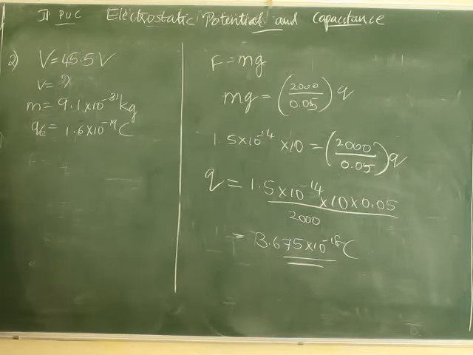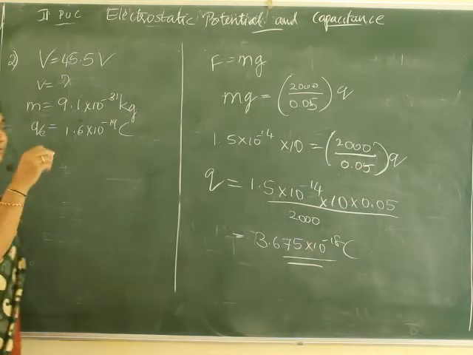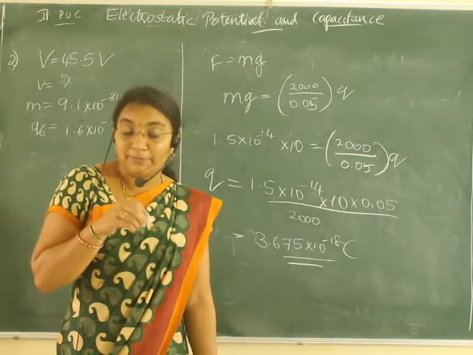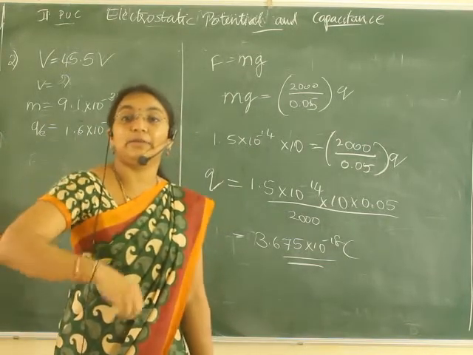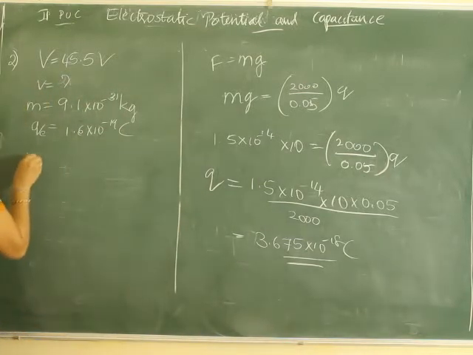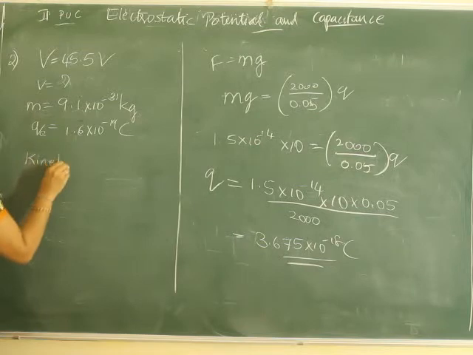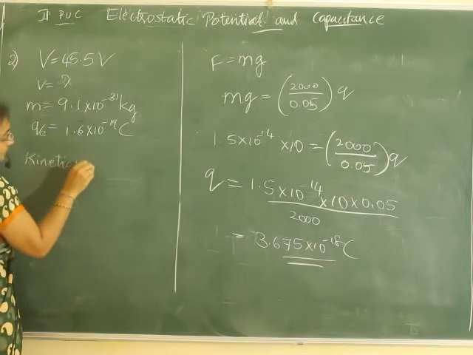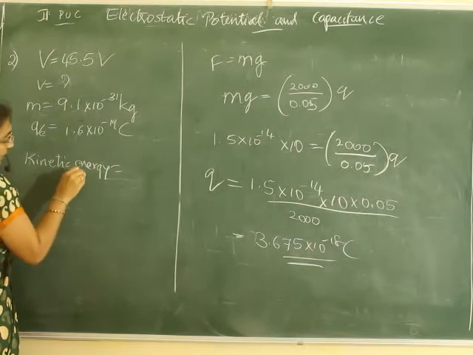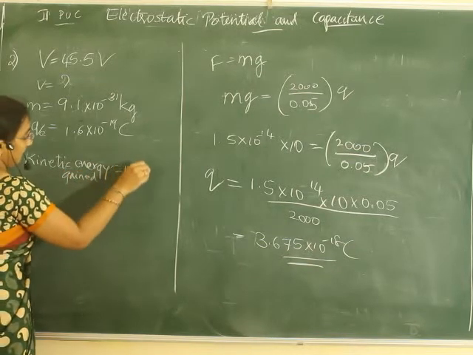Can I say the kinetic energy gained is nothing but the work done? Work done in making the electron accelerate is nothing but work done. So when it moves, there is kinetic energy. So I will write kinetic energy gained is equal to work done.